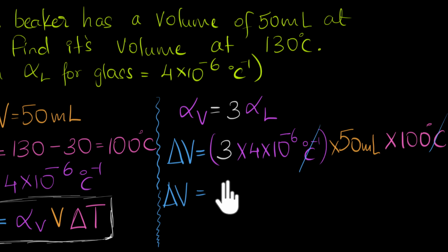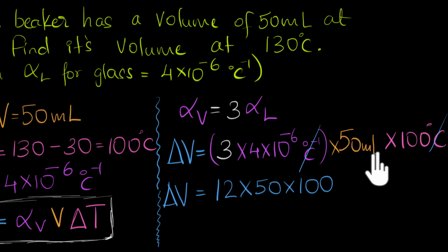You know what, let's just write that down. So we have 12 times 50 times 100. And what remains is ml. That makes sense, right? Delta V, change in volume. We should have ml. Okay, let's write this down. 12 times 5 is 60. So I get 60, but then there's a 0 here. That's a 600. And there are 2 more zeros.